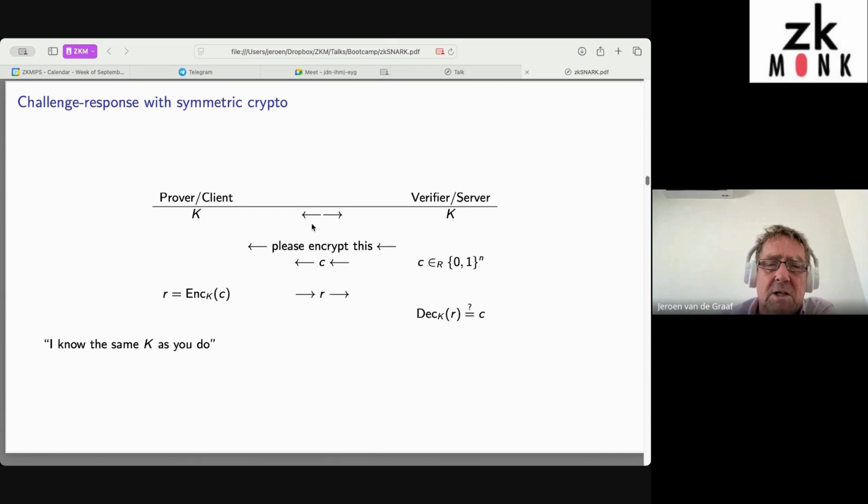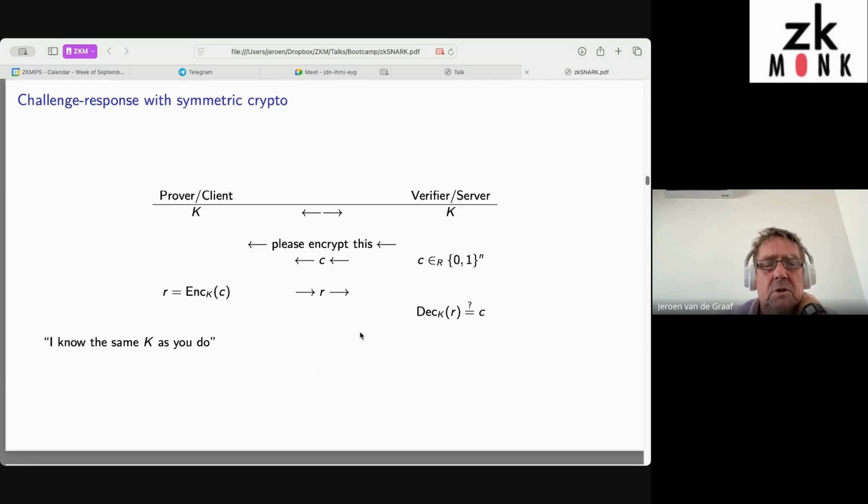As we can see, there's a challenge, there is a response, but K itself is not sent to the channel. So an adversary who sees this will see C, will see R, and must somehow be able to derive K from C and R. And hopefully, supposedly, this is impossible. Now, this is the underlying idea of zero knowledge.